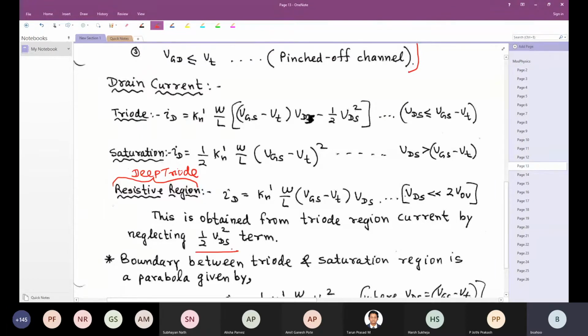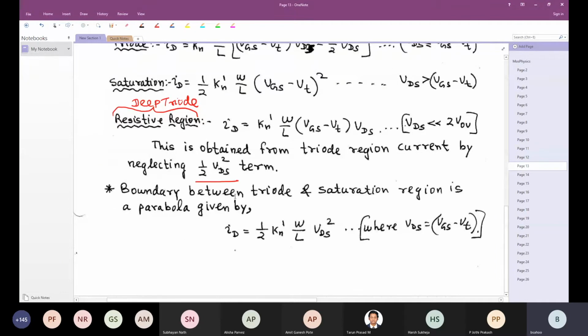Now one important point: the boundary between triode and saturation region is a parabola given by this. As I have already explained, the boundary between triode and saturation is also called the edge of saturation.